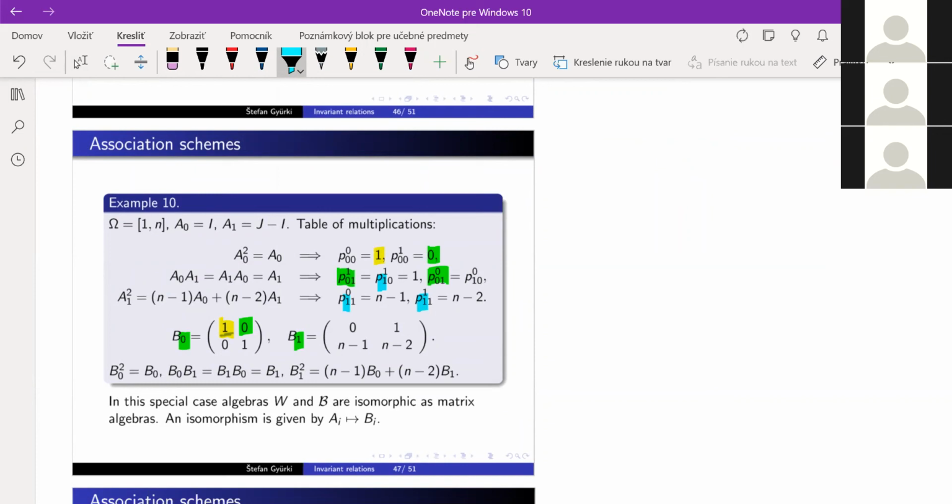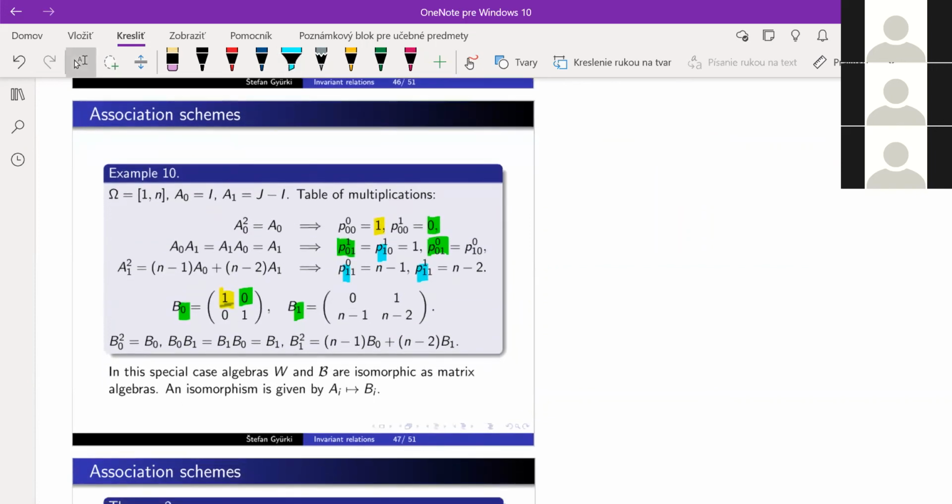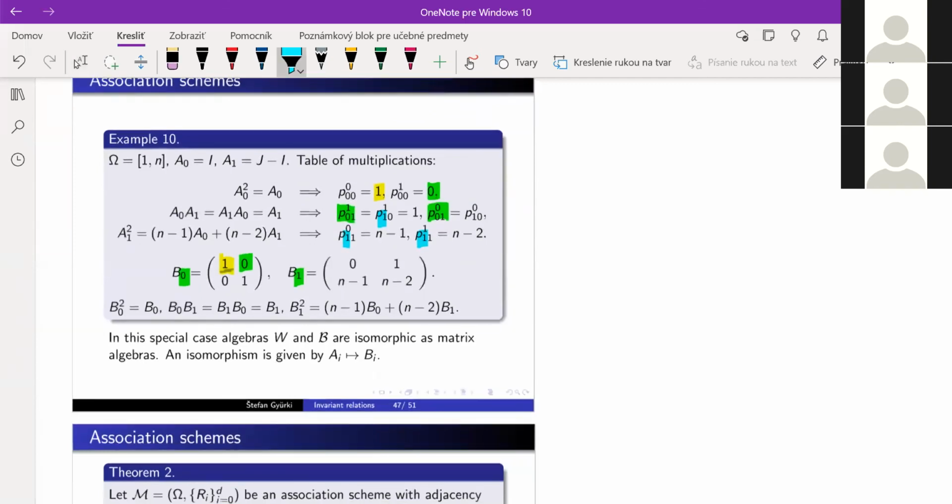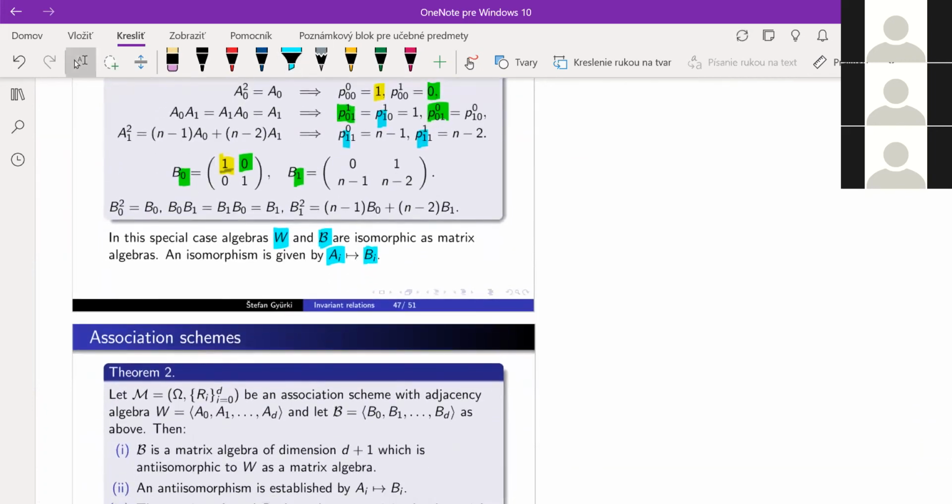And what is interesting and useful, these matrices again form an algebra, and this new algebra is isomorphic to the original adjacency algebra. And the isomorphism is given in a very similar manner: the matrix Ai is sent to the matrix Bi.